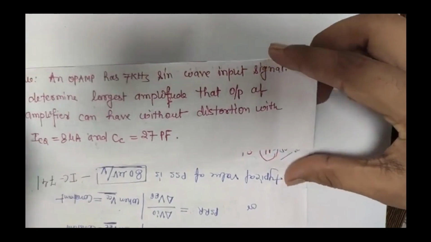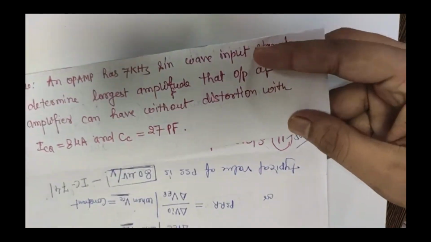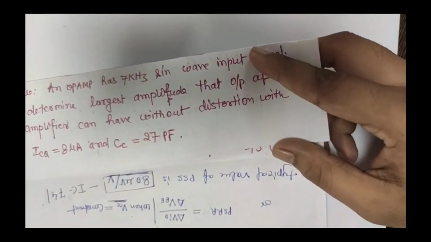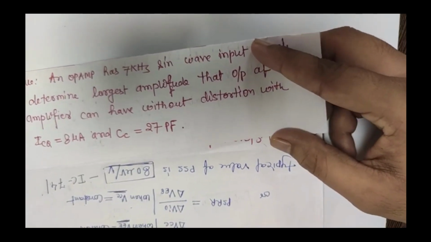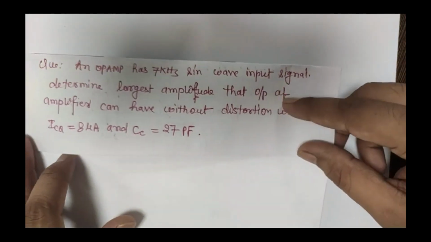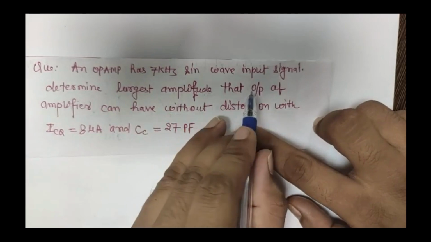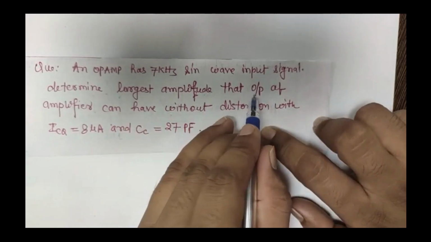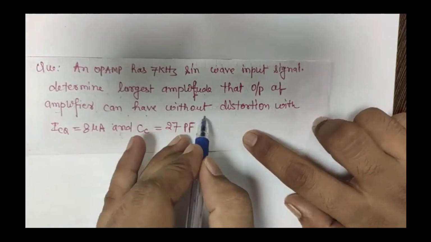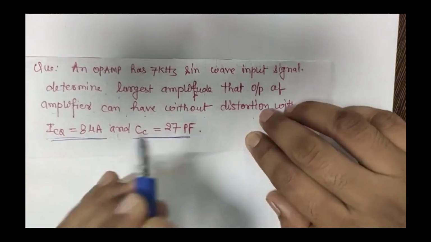Now I will put a problem using this equation. An operational amplifier has a 7 kilohertz sine wave input signal. Determine the largest amplitude that the output of the amplifier can have without distortion, with ICQ equal to 8 microampere and CC equal to 27 picofarad.